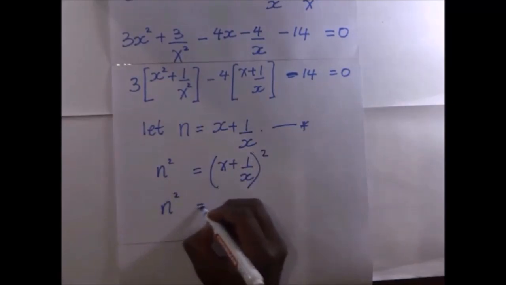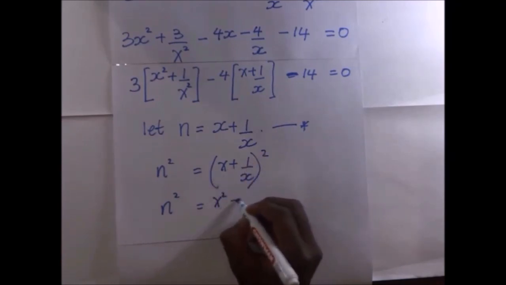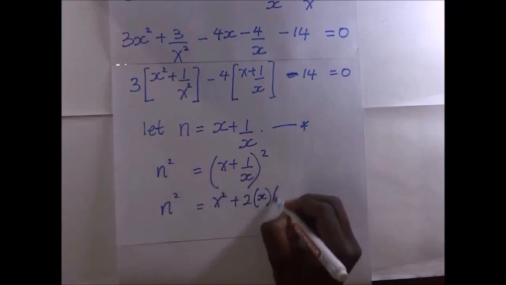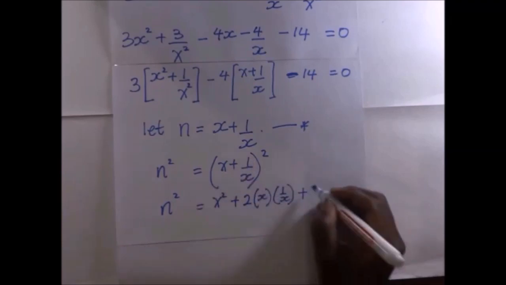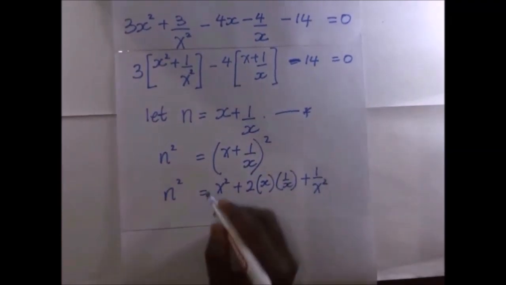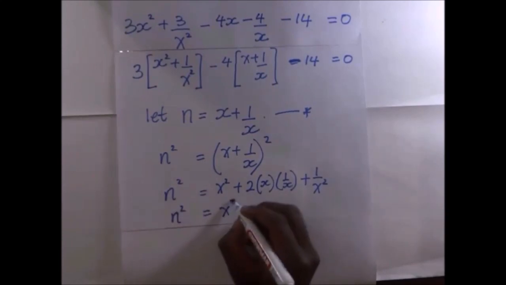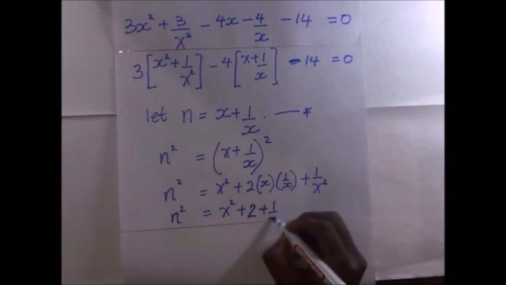So when we square both sides here, expanding this is going to become x squared plus 2ab plus b squared, 1 over x squared. So we shall end up with our n squared being x squared plus 2 plus 1 over x squared.